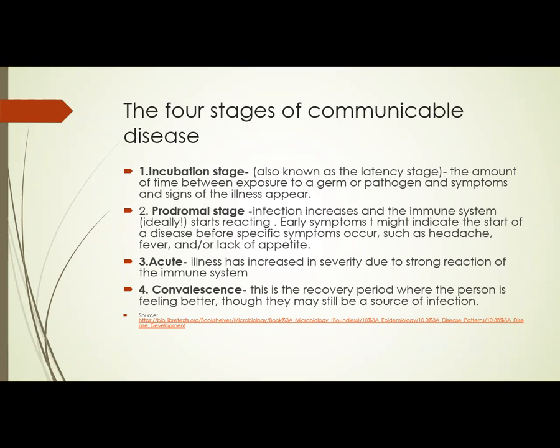Of course, that's not a hard and fast rule that all diseases adhere to, but it is typical because that's when the symptoms are the most severe and the virus or bacteria causing them is actively replicating in the body. So it's important to take precautions, especially during this stage, to prevent the spread of any disease.